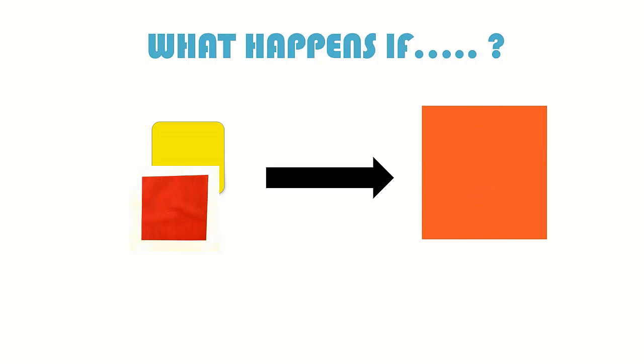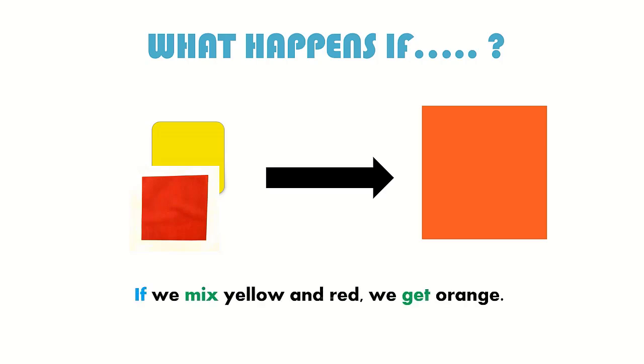If you mix yellow and red, can I say you will get or you get? We get orange. I can't say we will get, because will gives a sense of possibility, and here it's not a possibility. It's a fixed fact.